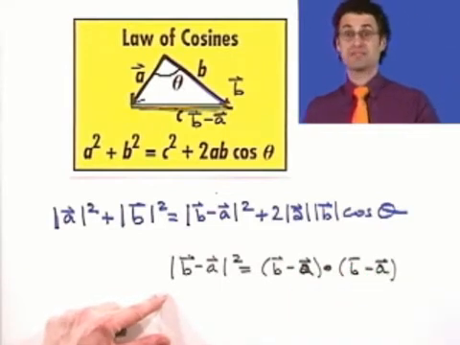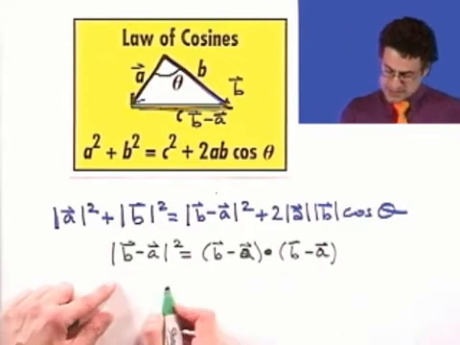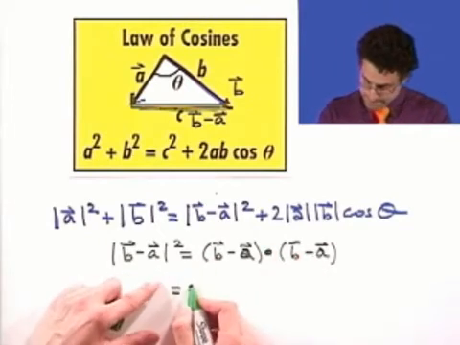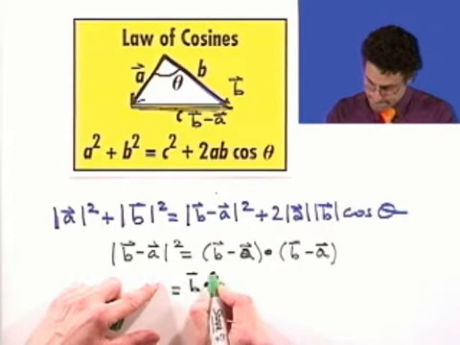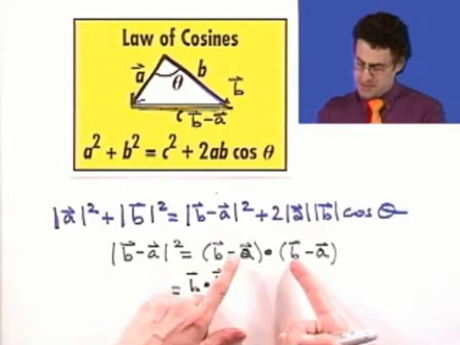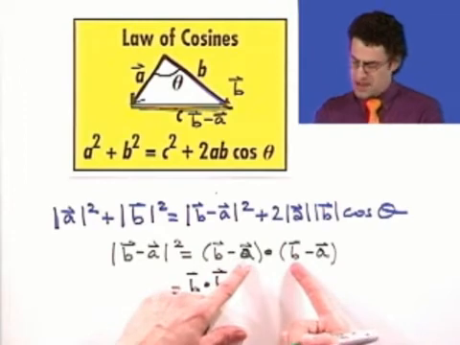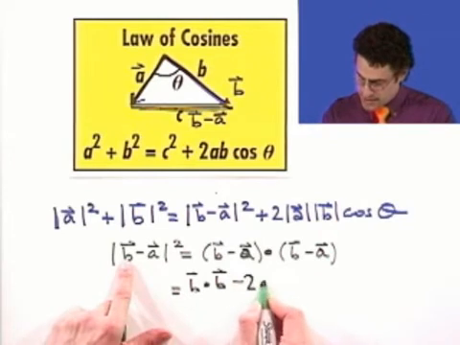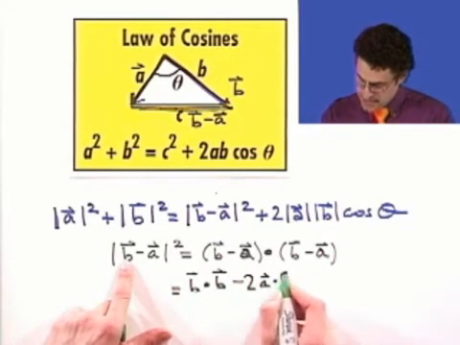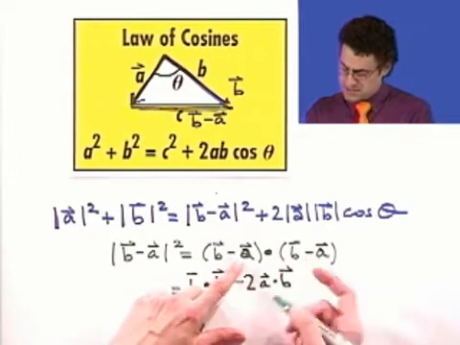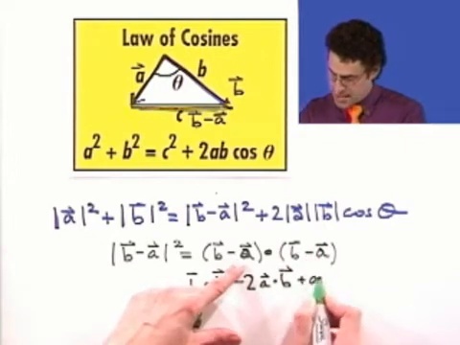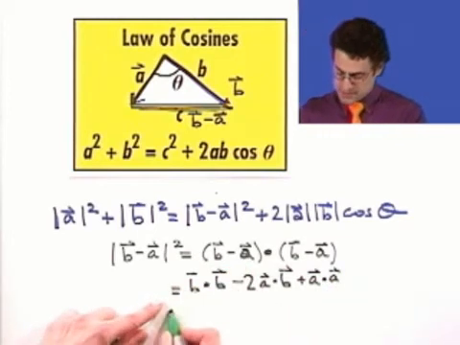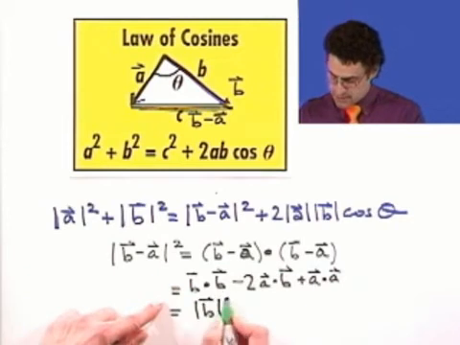And the dot product behaves like regular products in terms of the foiling, and so we can actually foil all this out. And when I foil this out, I get B dot B. And then my inside term is going to be negative A dot B, and my outside term is going to be a negative A dot B, and so I see negative 2 A dot B. And then finally, a negative times a negative is a positive, and I have A dot A, and so I get plus A dot A. But wait a minute, B dot B, we've already said that that's equal to the length of B squared.